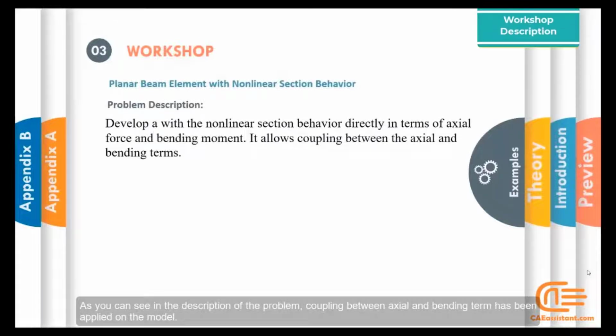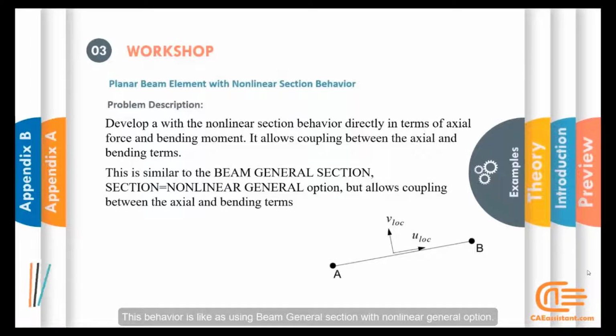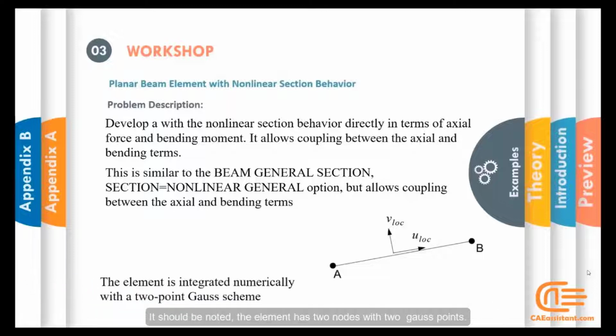As you can see in the description of the problem, coupling between axial and bending terms has been applied on the model. This behavior is like using a beam general section with the nonlinear general option. It should be noted the element has two nodes with two Gauss points.